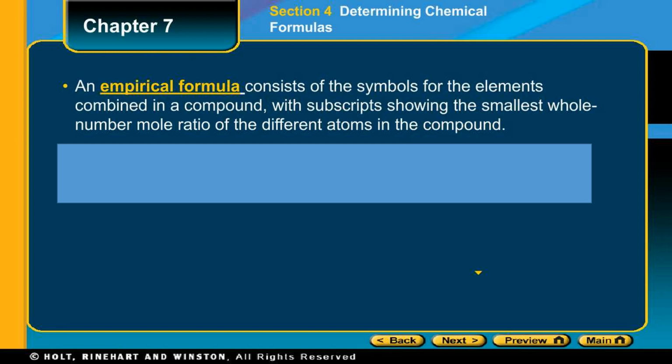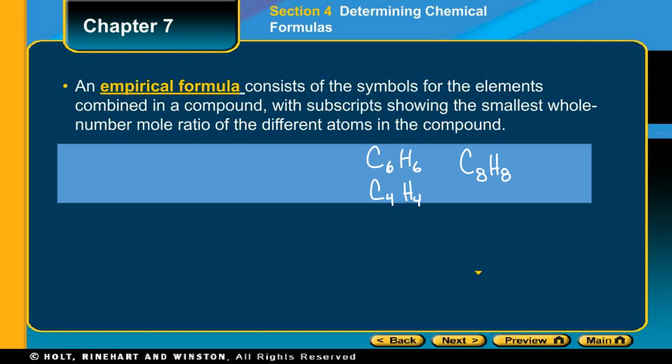So if I had... mainly you're going to see empirical formulas related to different covalent compounds. All right. So all 3 of these are compounds that contain carbon and hydrogen.